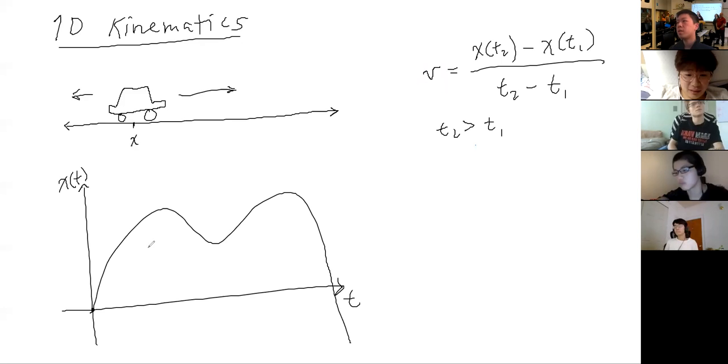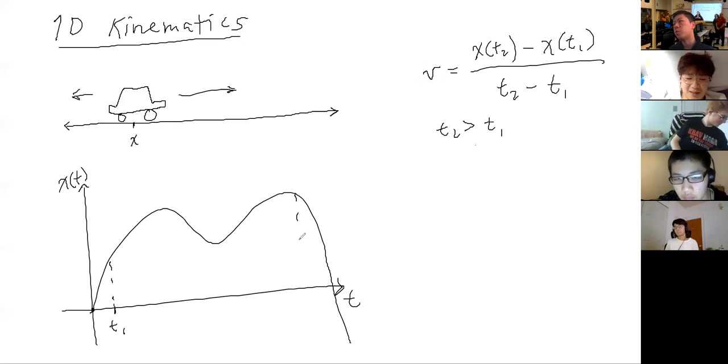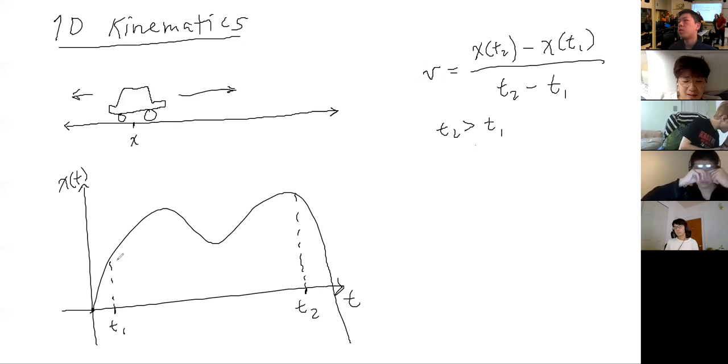So which means that between some t1 and t2, our car kind of moved a little bit. And this is going to be slope, right?